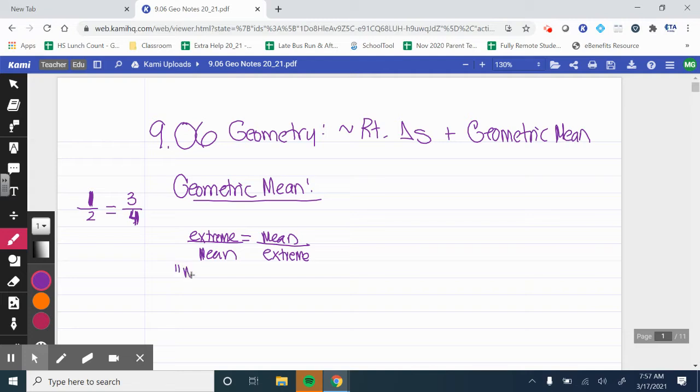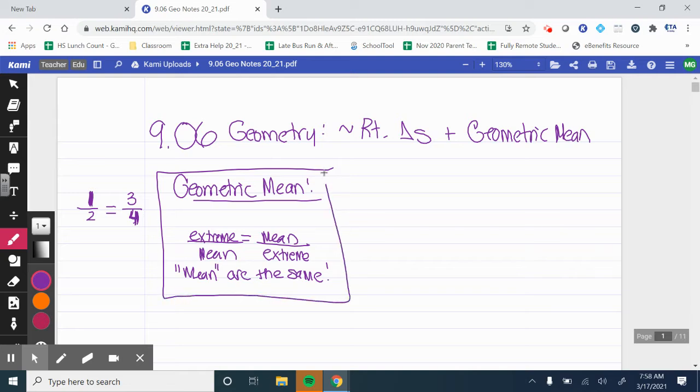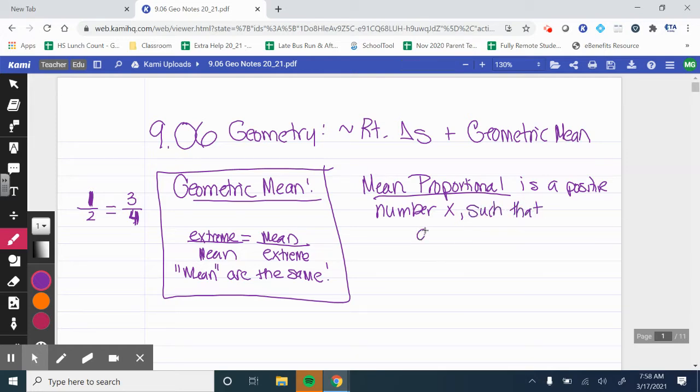Now, the means for the geometric mean is always going to be the same. Okay, so our mean proportional is a positive number x such that a over x equals x over b.